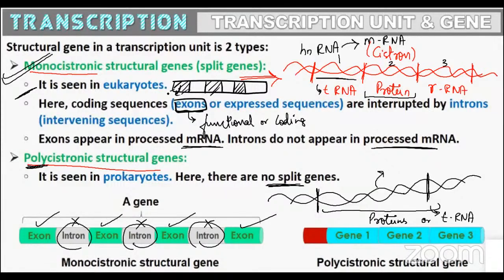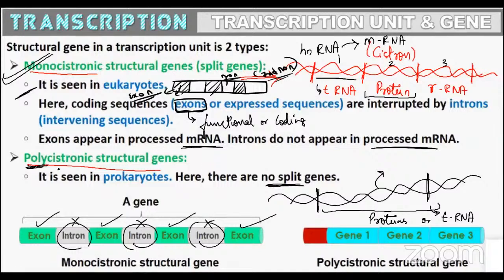Remember, guys, coding DNA we will call exon. Other than that, in between, non-coding is there. The non-coding DNA part, we will call the intron. In the monocistronic DNA, it consists of both exon and intron. Exons are coding, introns are non-coding. So our matured mRNA consists of only the exons, guys. The introns will be removed by splicing.